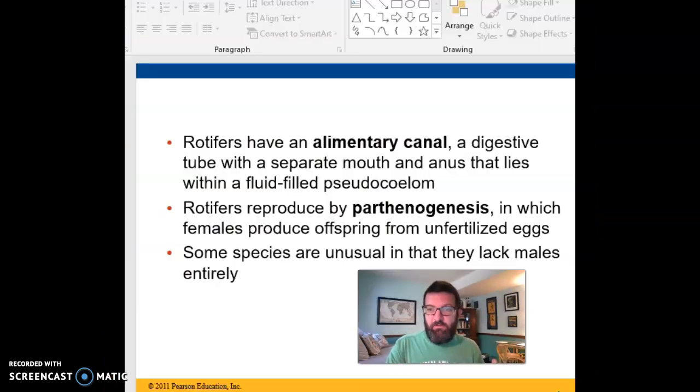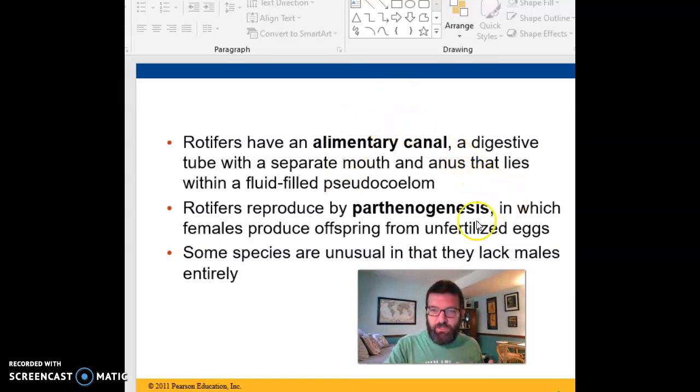Now, aside from that full digestive tract, full alimentary canal with mouth and anus, which is very beneficial because then you don't have to finish digesting what's in your gut and get rid of it before you can eat something else, right? I don't have to get rid of breakfast before I have lunch because I have a full alimentary canal.